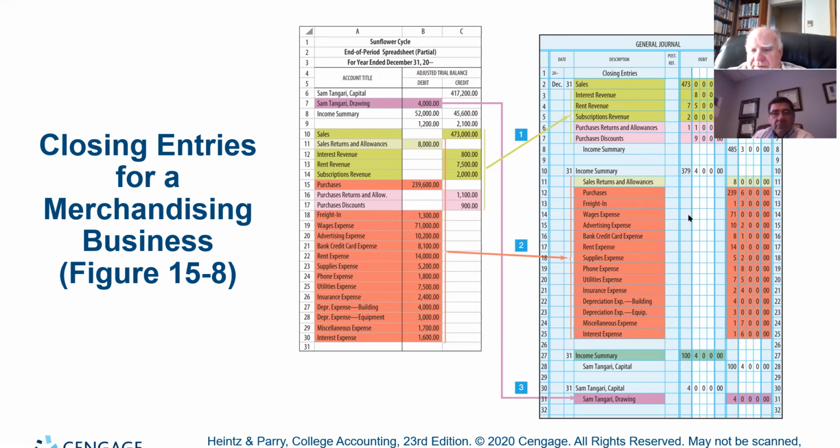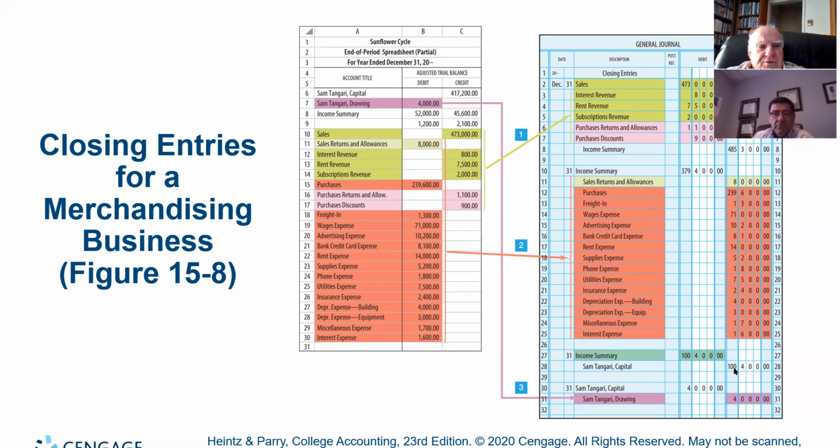The net profit. So we bring the net profit down here. We debit income summary, which zeroes it out, and we credit capital. That's the mechanism for bringing the net income over to capital.